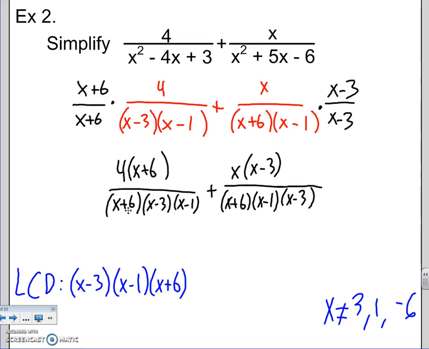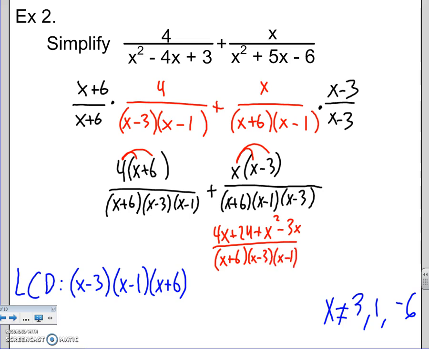Well, we're going to combine them by addition to make a single fraction, and let's distribute at the same time just to save some time. So that is 4x plus 24 plus x squared minus 3x, all over that giant fraction, x plus 6, x minus 3, x minus 1.